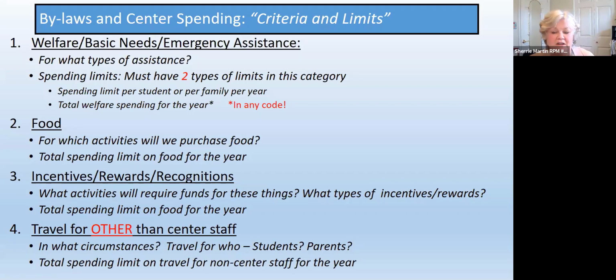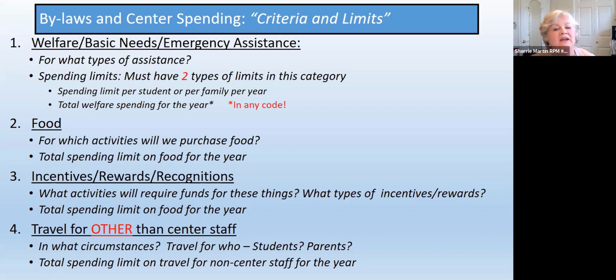Well, in your bylaws, you will have decided in what situations you would purchase incentives and rewards and recognitions from center funds, and also what the maximum limits are. So that gives you some backup.